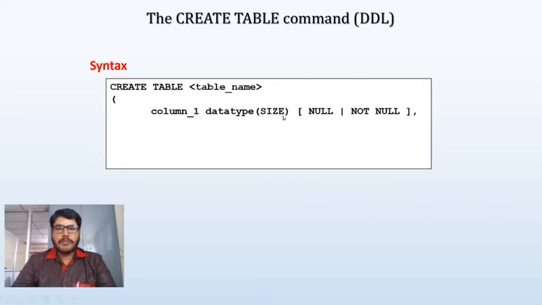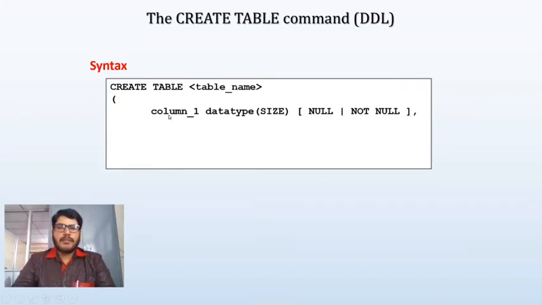We have to use a parenthesis, and within the parenthesis, we need to mention the size. After that, if we are implementing certain conditions or constraints, we can implement those here. These are optional, and in upcoming sessions we will discuss the different types of constraints we can implement while creating the table structure. So let us not bother about these constraints right now.